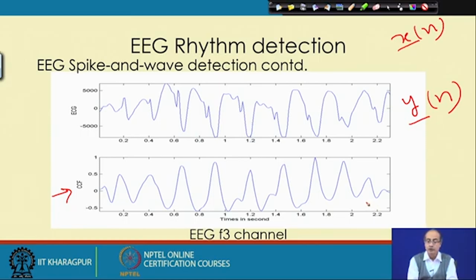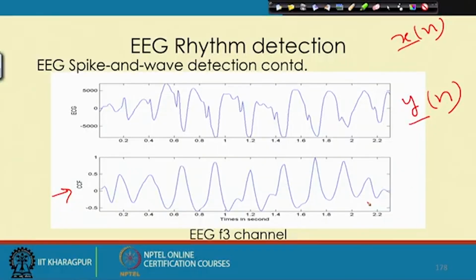Now, one may ask why the value is not going to 1. The reason is that if we look at the spike and wave, each of these is not exactly the same or matching with each other. They have a similarity.